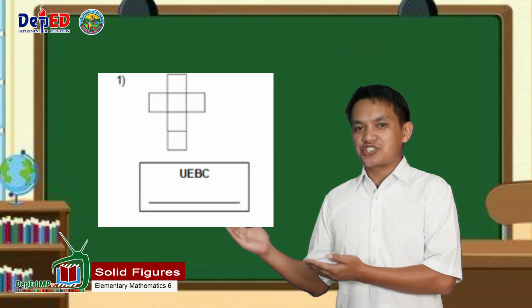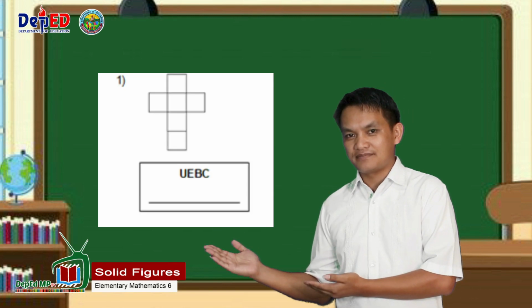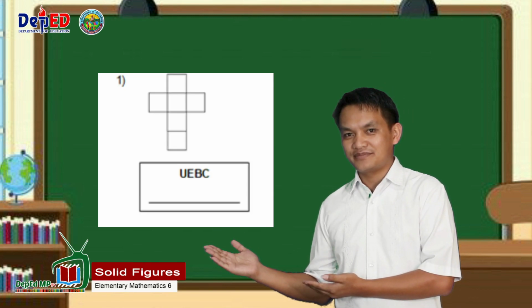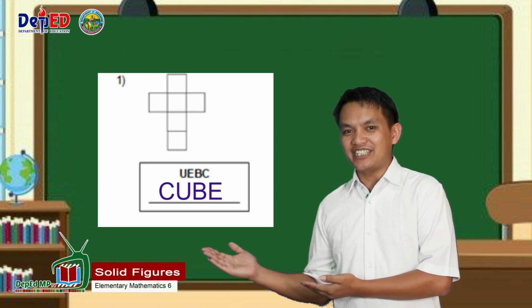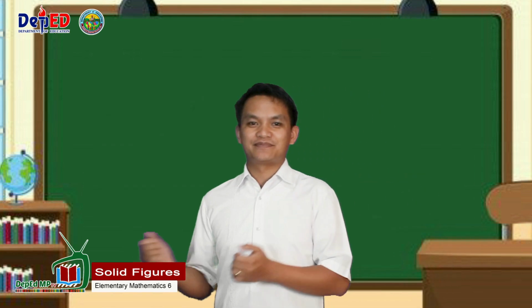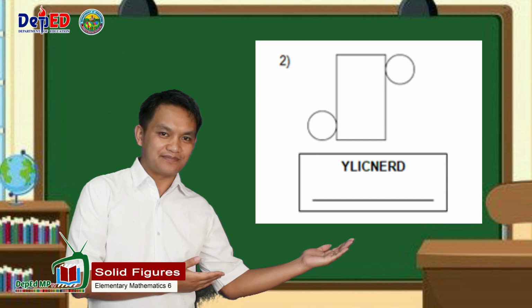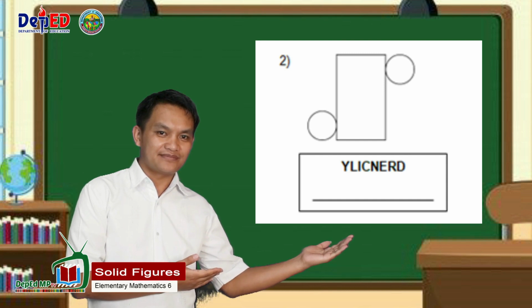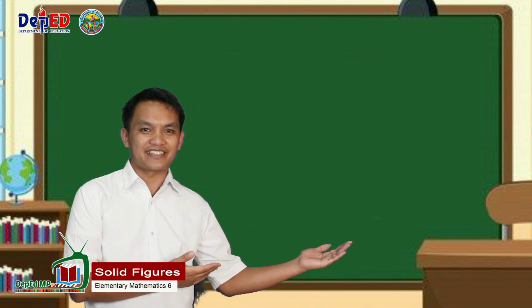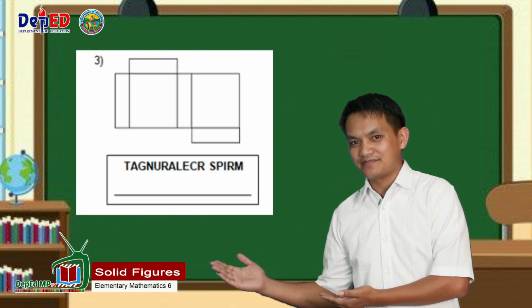First, what solid figure is this? Right, it's cube. How about this? Cylinder, correct. And this?